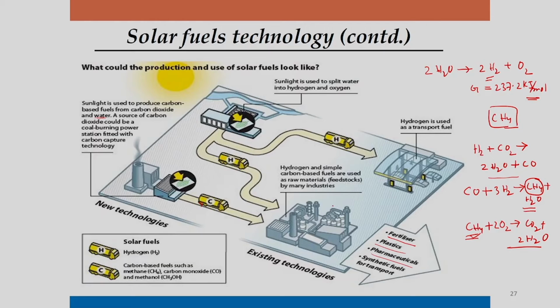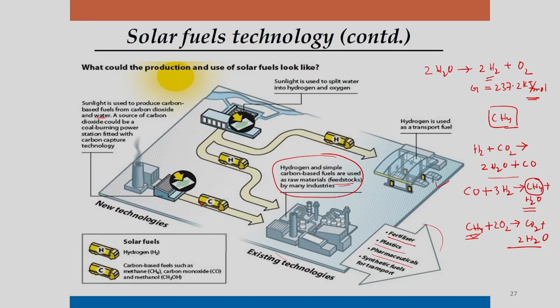In this case, hydrogen and simple carbon based fuels are used as raw materials or feedstocks by many industries, right. What I mean to say here is that we can split hydrogen and use it as transportation fuel, or we can generate methane and combust it, and again we can generate a lot of products out of it.